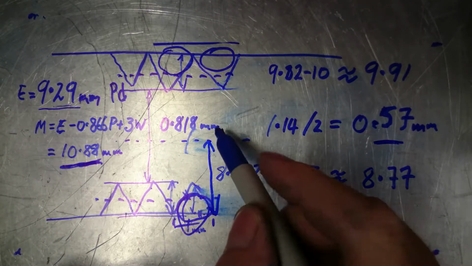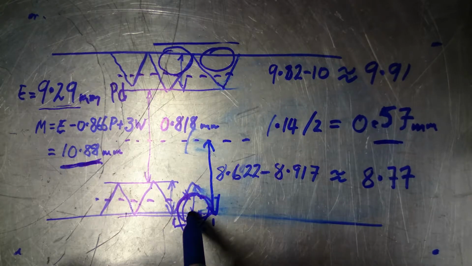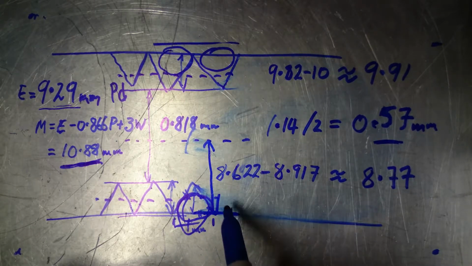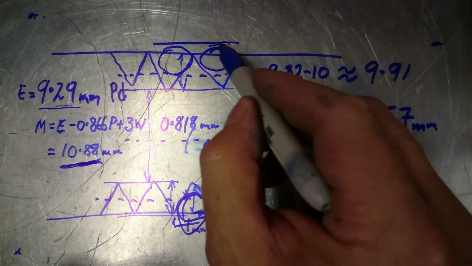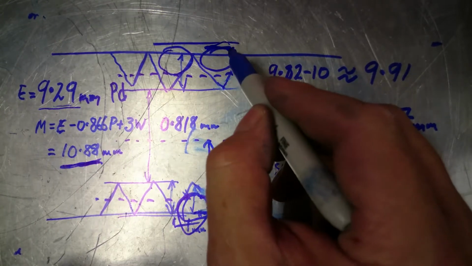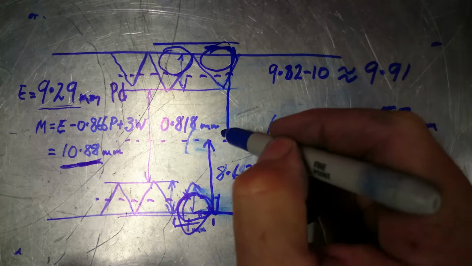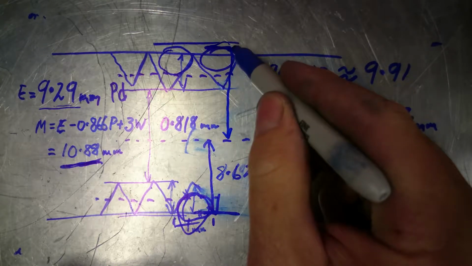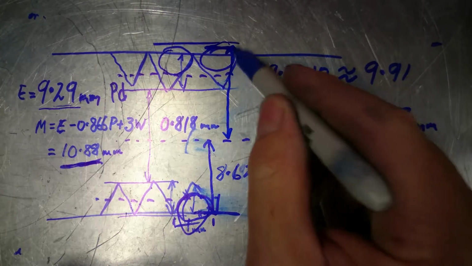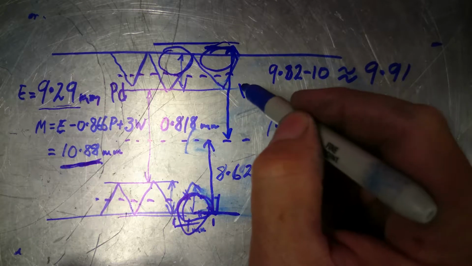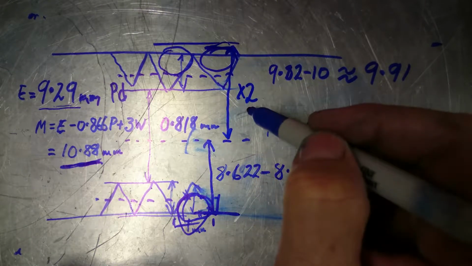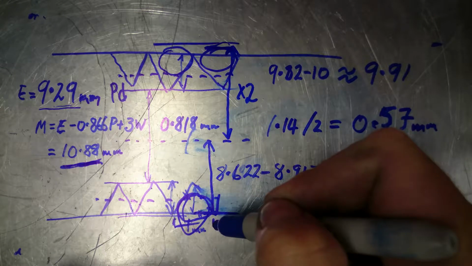Once you know the radius, all you have to do is measure with your micrometers from the OD of the part on one side to the outside of a single wire on that side. Then this distance, from the center of the part to the outside of that wire, if you double that measurement, it'll give you the full over the wires measurement.